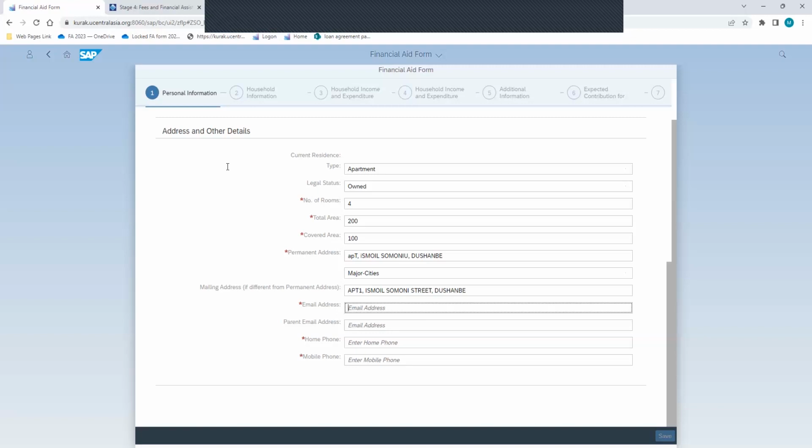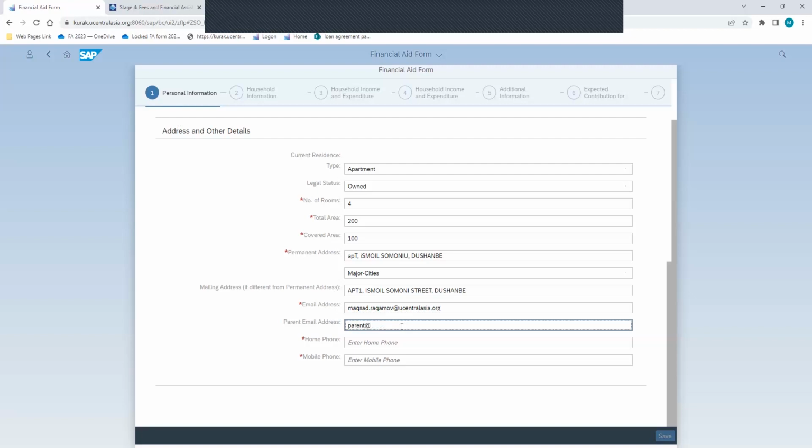So in my case, probably I will be using my own. If I do have a parent email address, surely I write that one down as well.